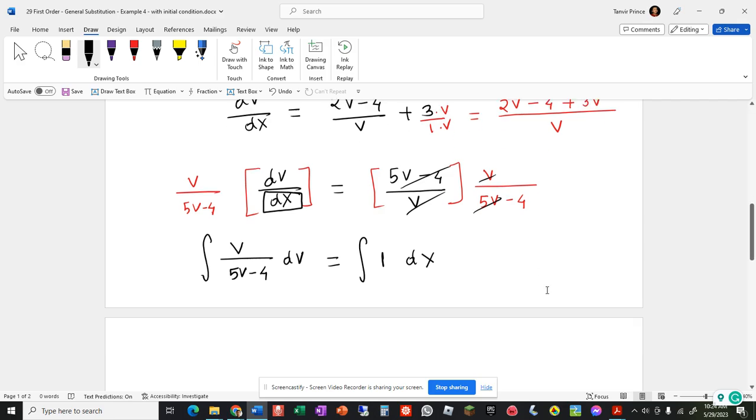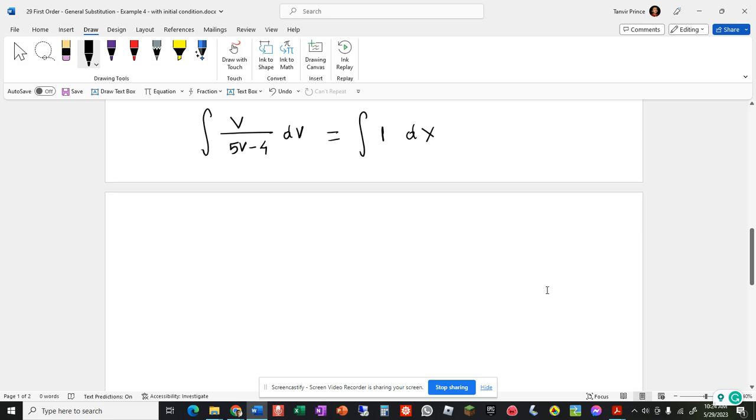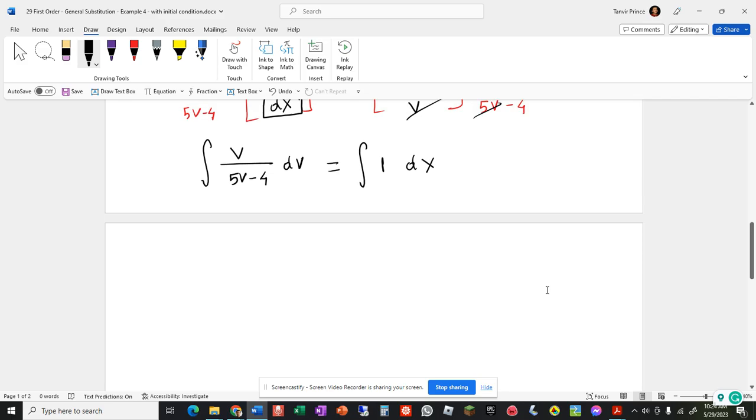How do you take the integral of the left? So there are several ways of doing it. You can use the long division of the polynomial, or you can try to use some trick here. So for example here, first of all, you can factor out.